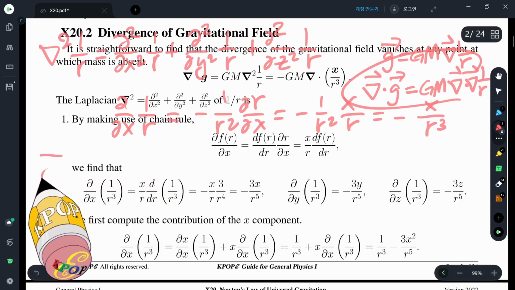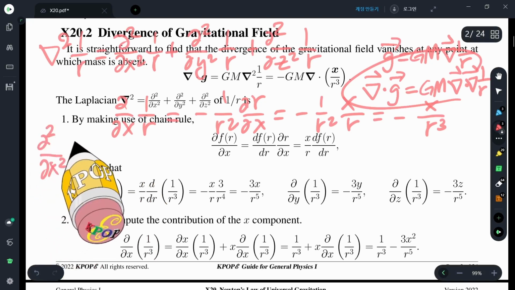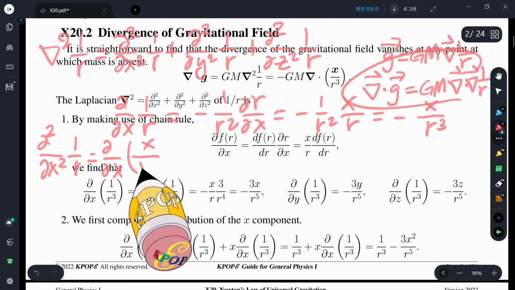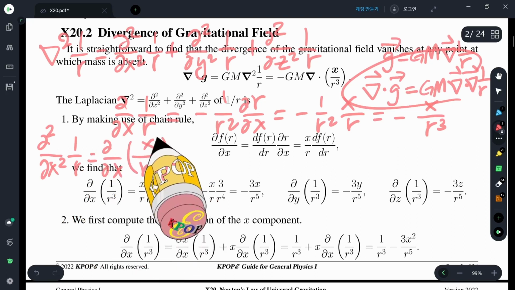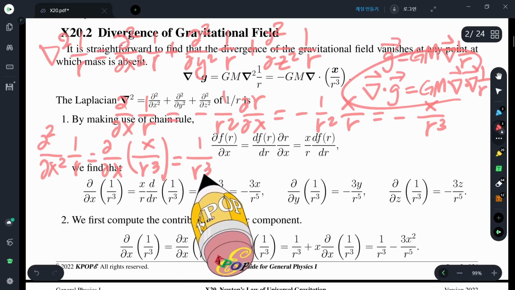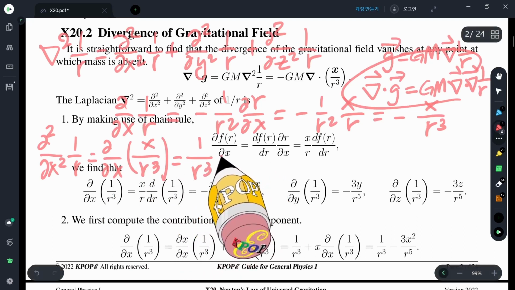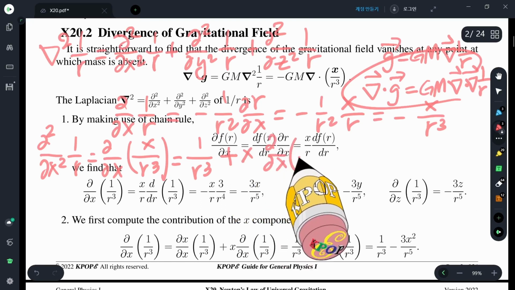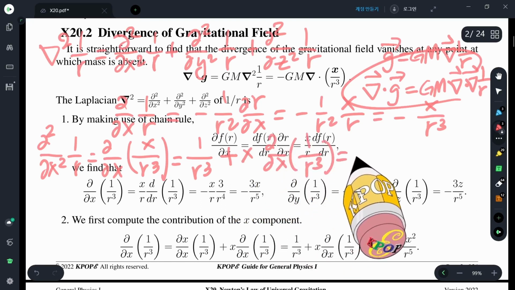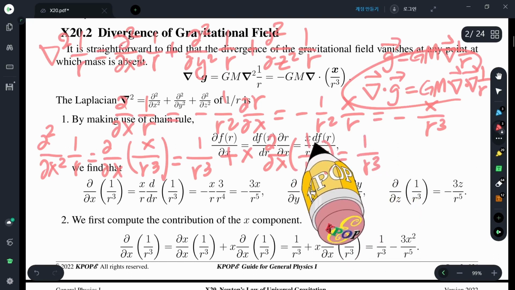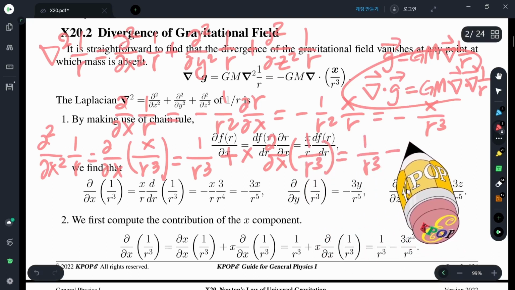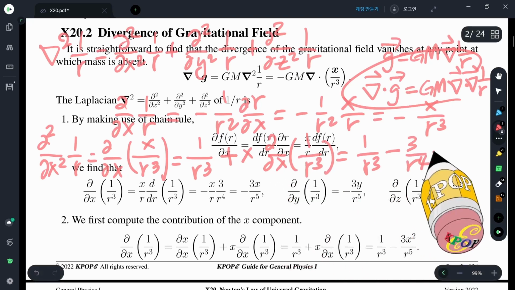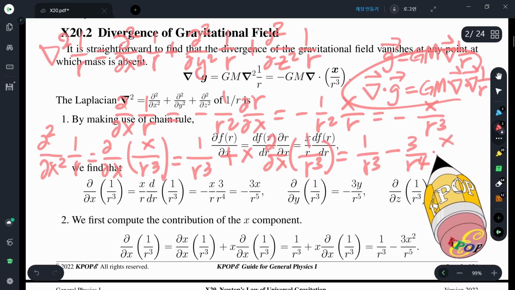If I take another derivative of x over r cubed, then it is just 1 over r cubed, plus x times minus 3 over r to the 4th power times x over r.